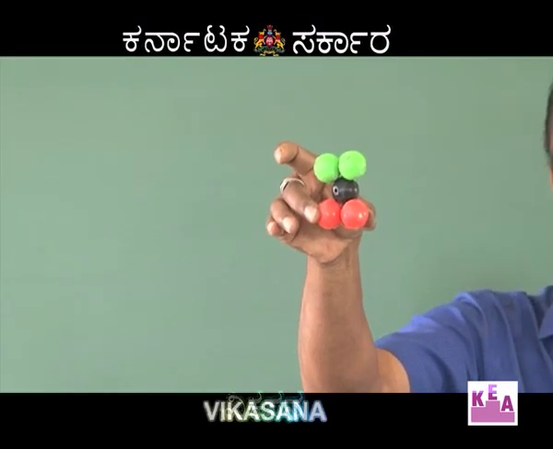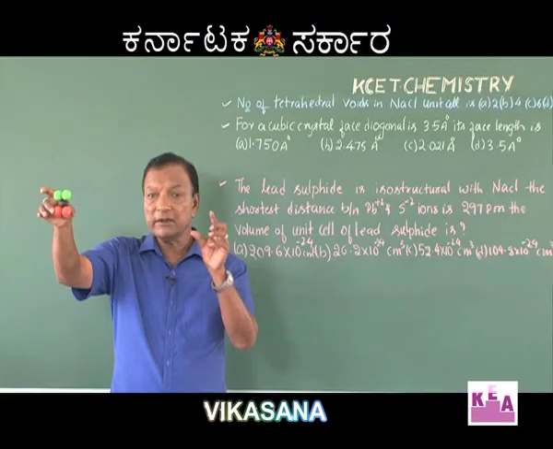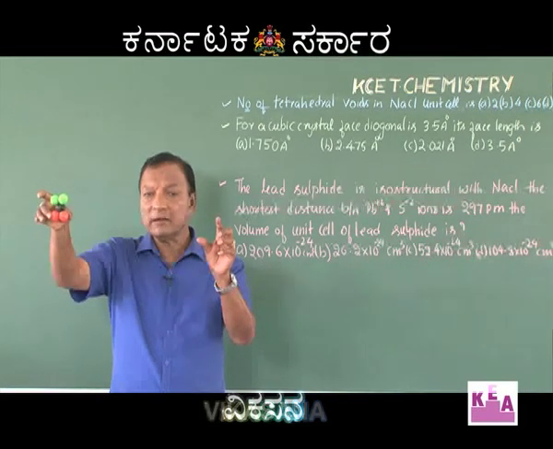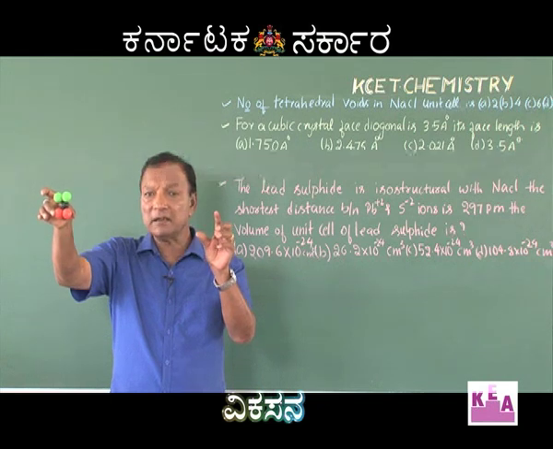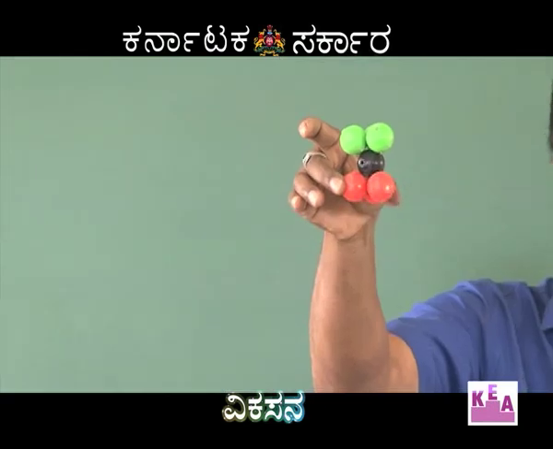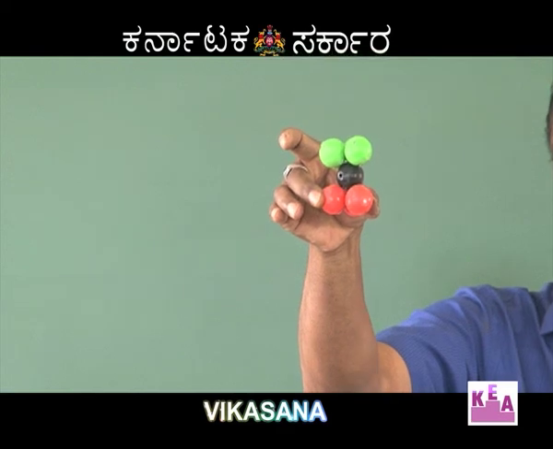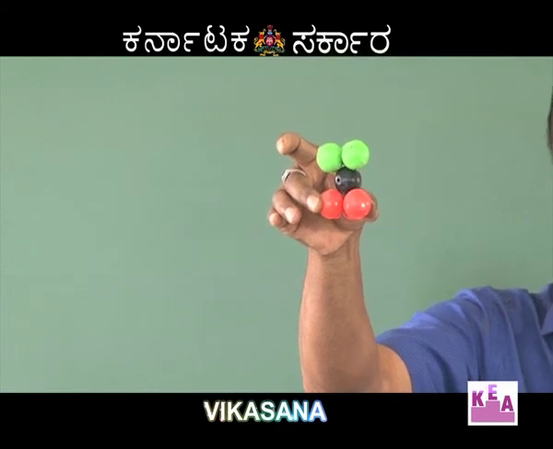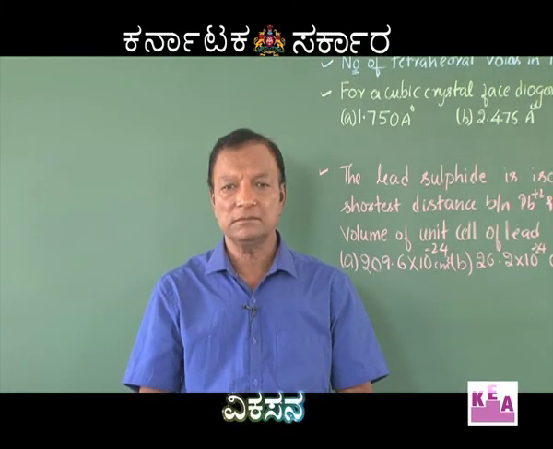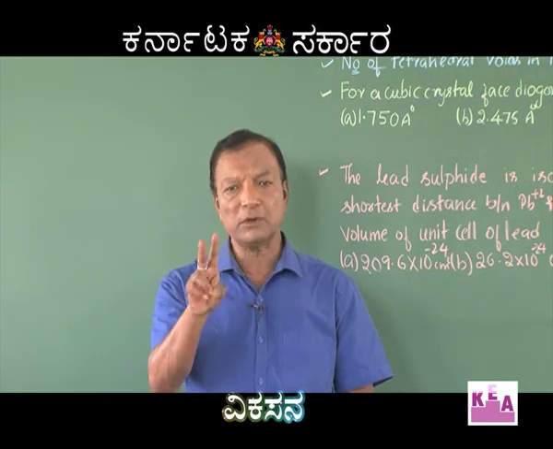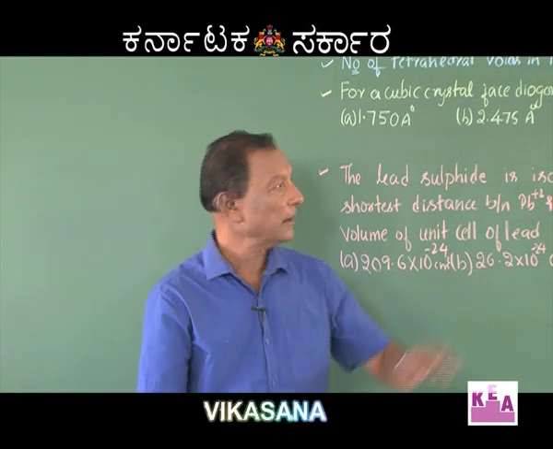I repeat, the black sphere is creating 2 tetrahedral voids, one with the orange spheres and another with the green spheres. So I conclude, one particle can produce 2 tetrahedral voids.